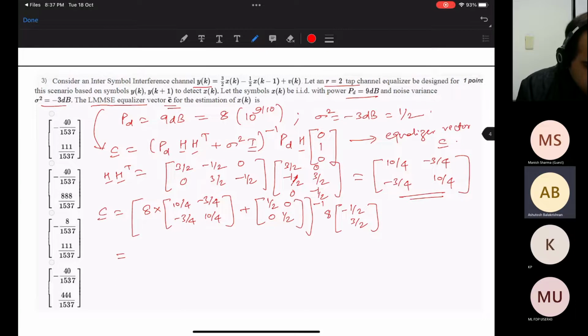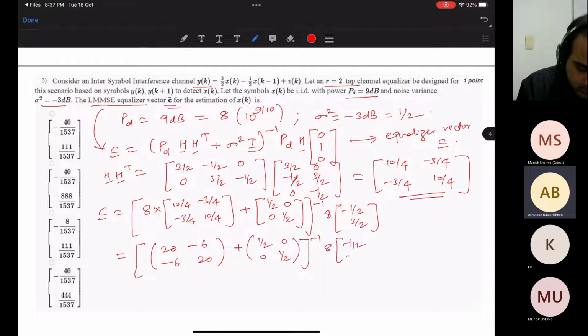We will get 20, minus 6, minus 6, 20, plus half 0, 0 half, inverse, and this is 8 times minus half and 3/2.